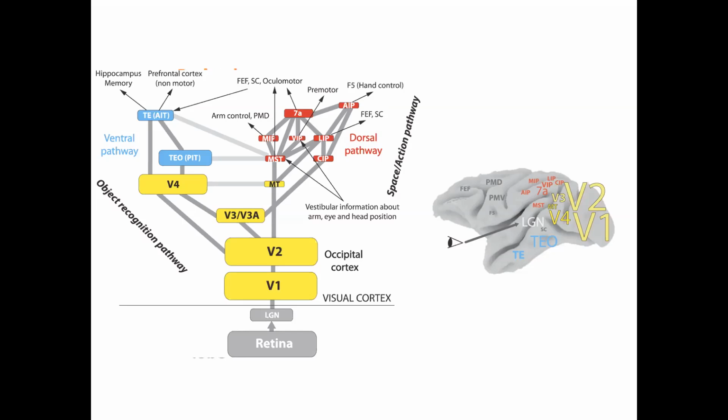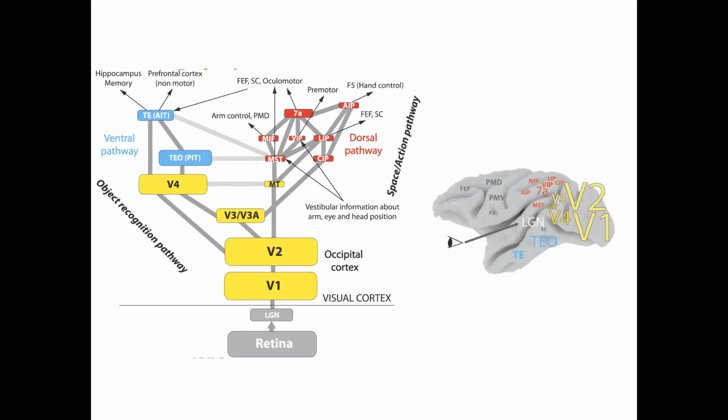Whereas on the ventral or temporal pathway, we're able to determine a recognition pathway. The spatial recognition pathway allows me to know where in the environment that thing happens to be. The object recognition pathway allows me to determine what is that thing.